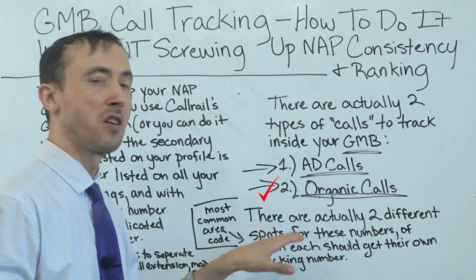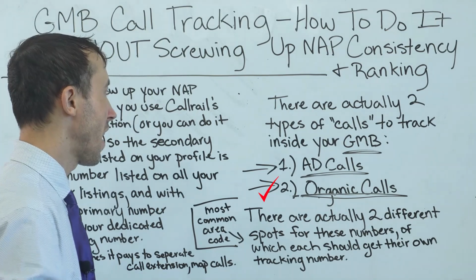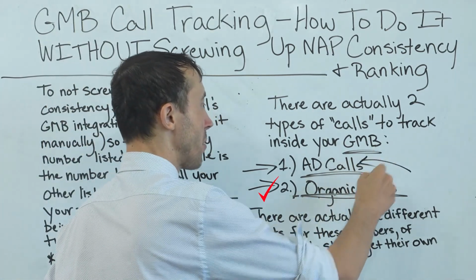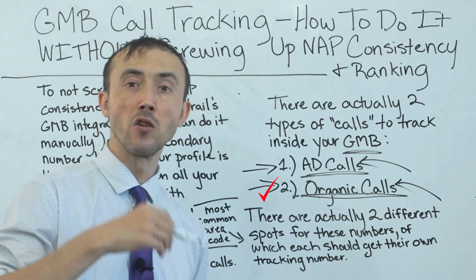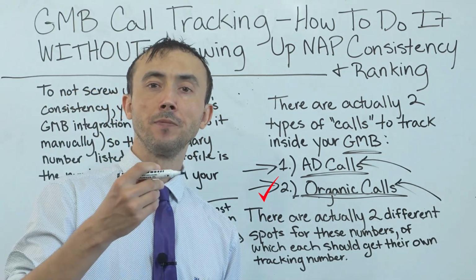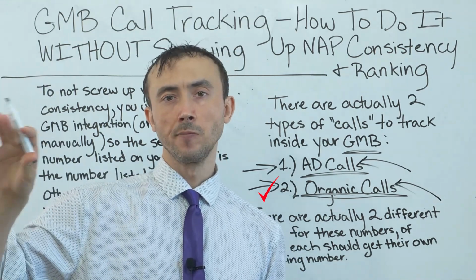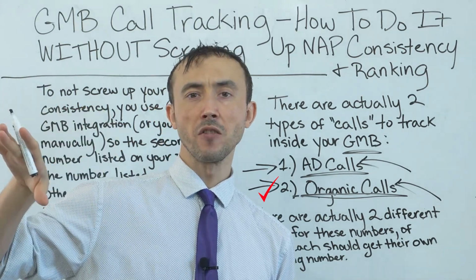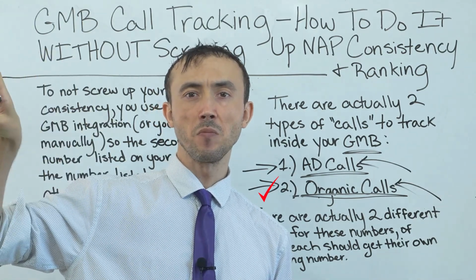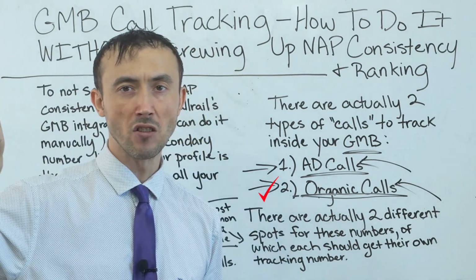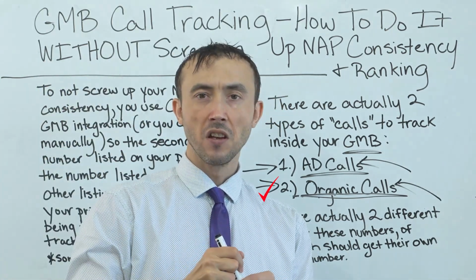And what I'm telling you here, to get the most results out of your marketing and advertising budget for your company, is you should have 1 tracking number set up to track the ad calls, another tracking number set up to track your organic calls, and then the actual phone number you have across the web and all your other listings on Yelp, Bird Eye and really all these other citation websites that you have your citations on, that should be your real number that you have also on your website itself.